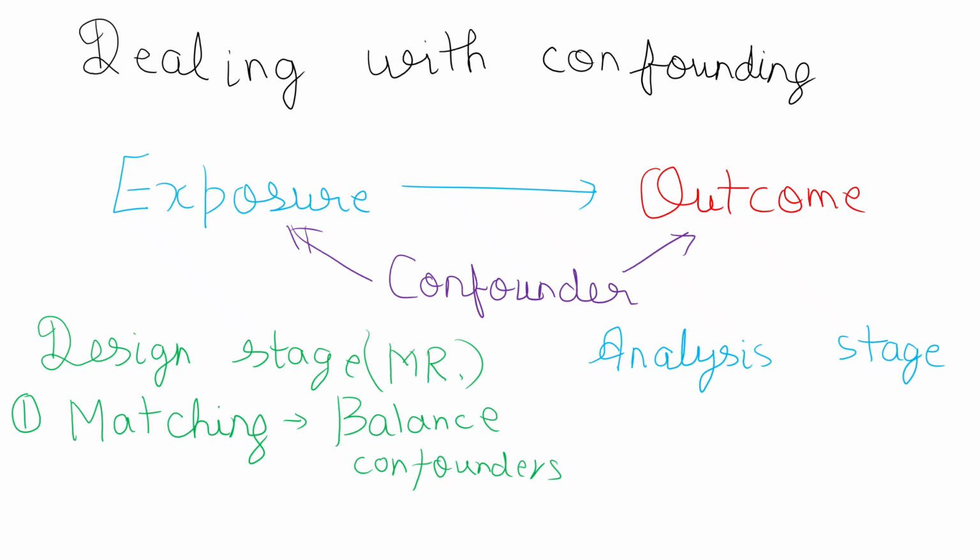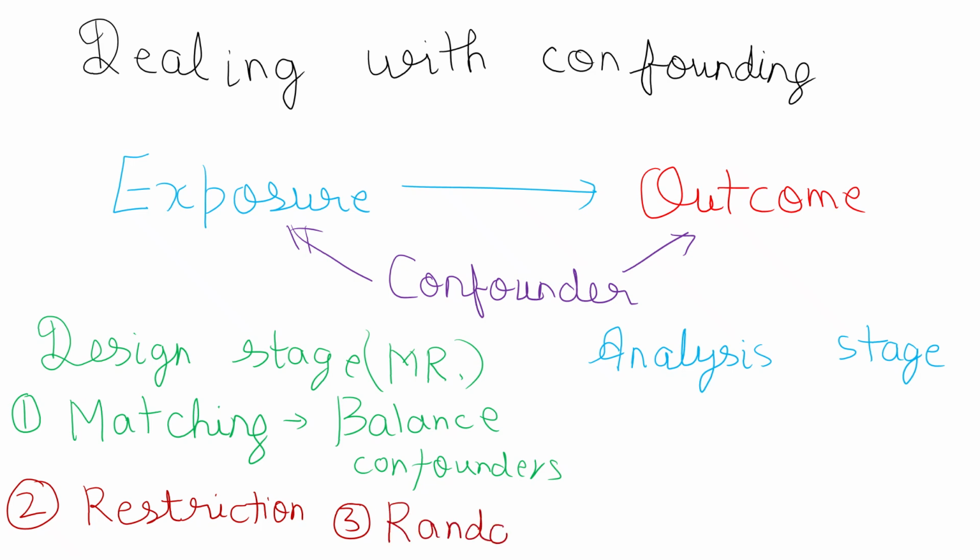Then restriction, and last but not the least, I told you, extremely important, randomization, like we do in randomized control trials. Randomization. Experimental studies, that is also known as the RCTs or the randomized control trials.